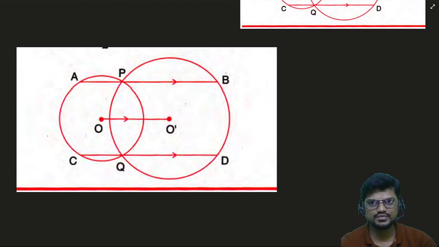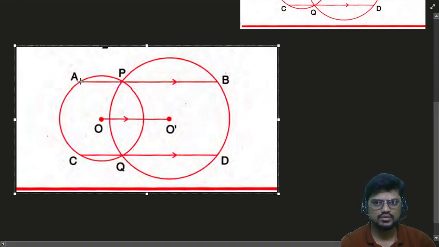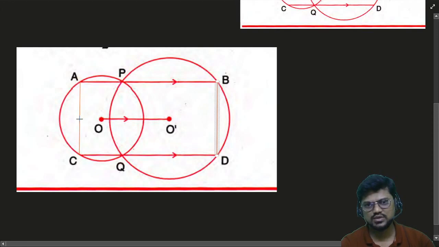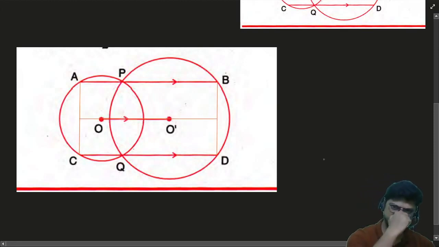So how can we give the proof? To write the proof, I can bisect. Sir, we can draw a line through O. Sir, opposite sides are equal because it is a rectangle. But who said it's a rectangle?